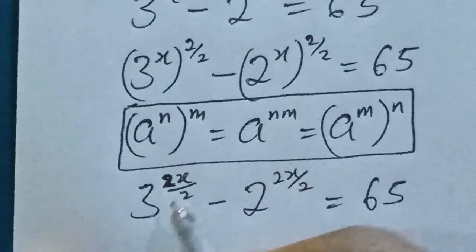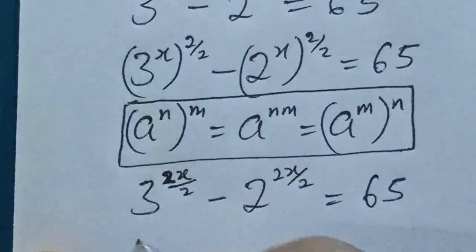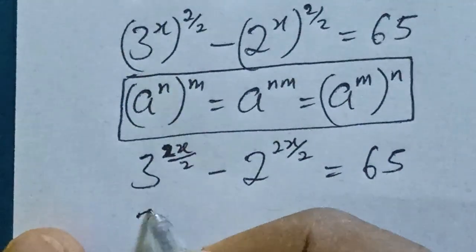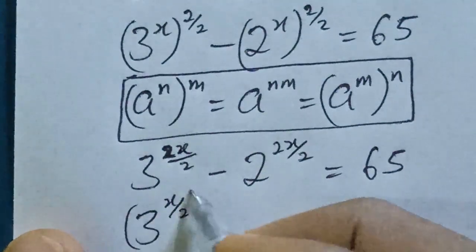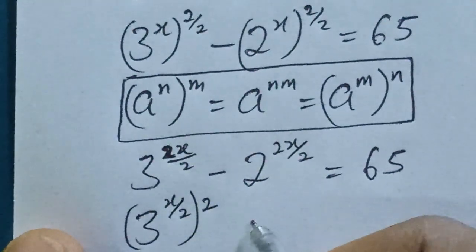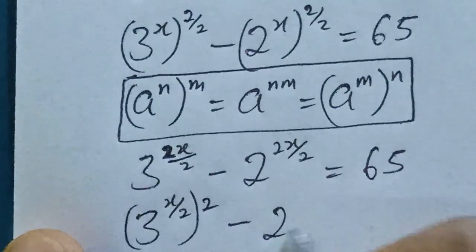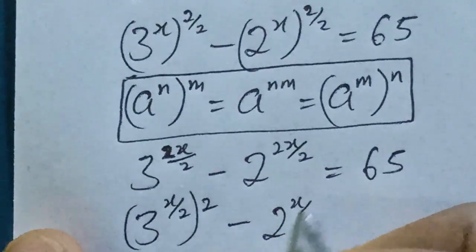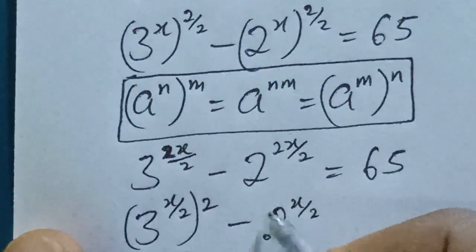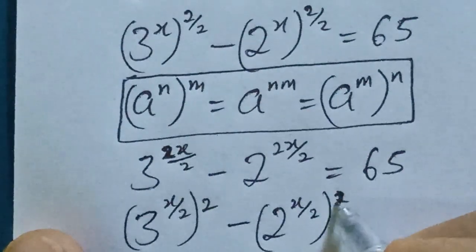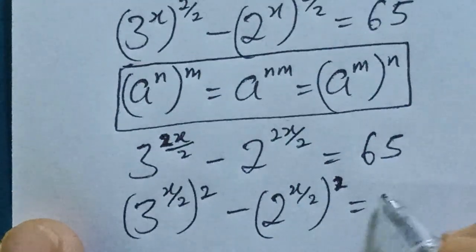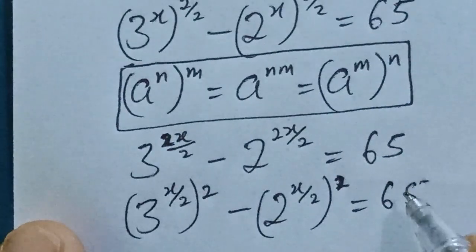And this can be written as 3 raised to power x over 2 into bracket power 2 minus 2 raised to power x over 2 into bracket power 2 equal to 65.